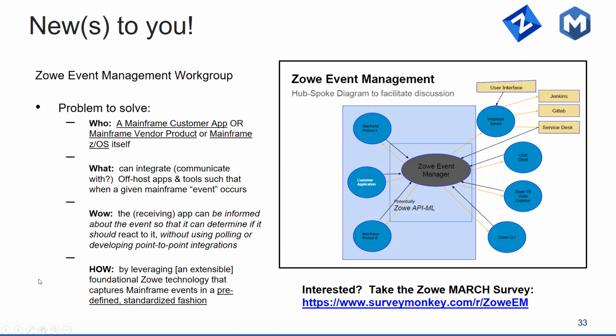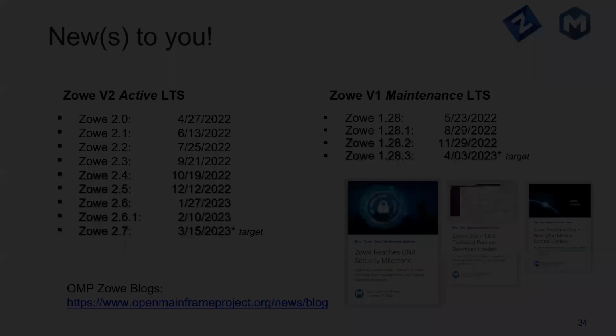And we want to do it in a more modern, more real-time manner, as opposed to polling or traditional point-to-point integrations. Our March survey is centered around this technology and the work that we're doing around it. So we'd appreciate it if you could go to zowe.org or just click on this link. This URL will take you to the Zowe Event Management Survey that's being conducted for March.